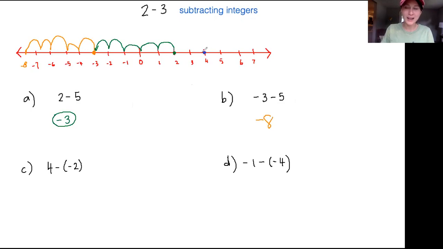Now this one kind of messes with our brains a little bit because if we think of subtracting a negative, subtracting means going to the left, and then having a negative means, well, now it doesn't mean we're going to continue to go to the left, okay? It's almost like when you have 2 negatives, it becomes a positive. Well, this is an example where that happens.